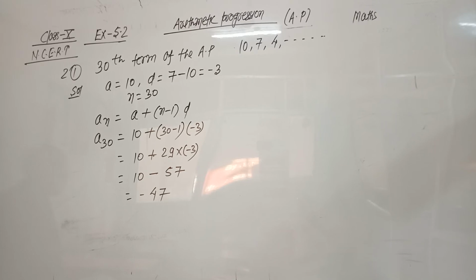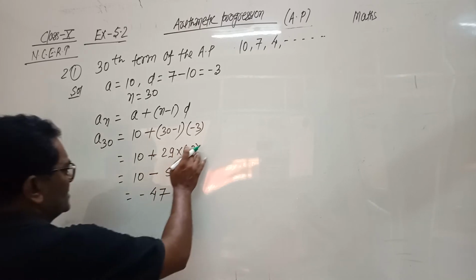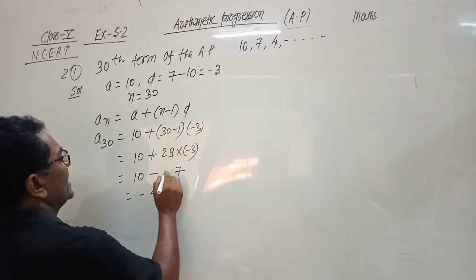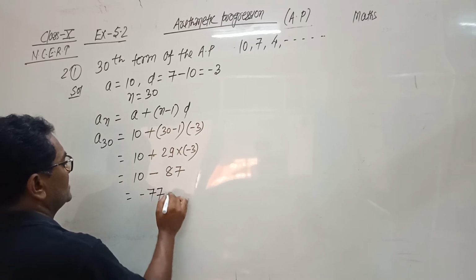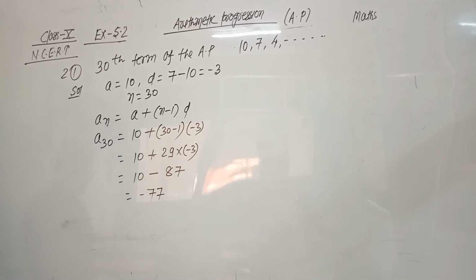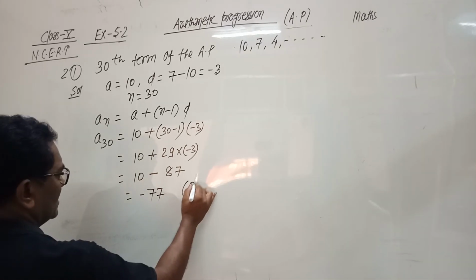So a30 is a plus n minus 1 d, which is 10 minus 87, the result is minus 77. So the correct option is B. B is the correct option.